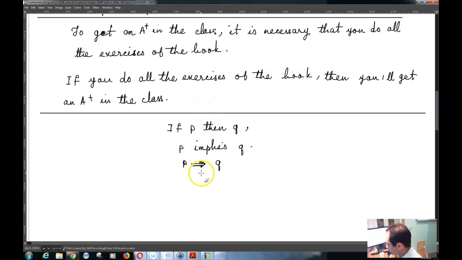Now we had some other part over here that says P only if Q. That means that the number is a multiple of 9 only if it is a multiple of 3.